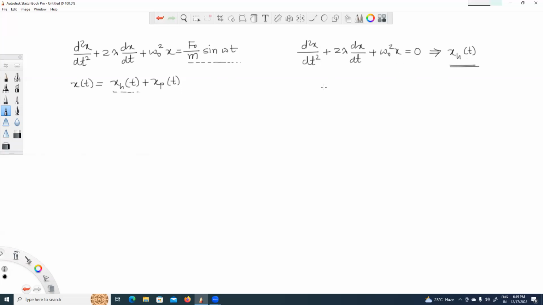Remember the nature of it. As time proceeds, this x_h will eventually go to 0, because it is decaying. We have already seen this for damped oscillations. I'll briefly sketch the graph for the damped oscillation, taking x_h as a function of time t.